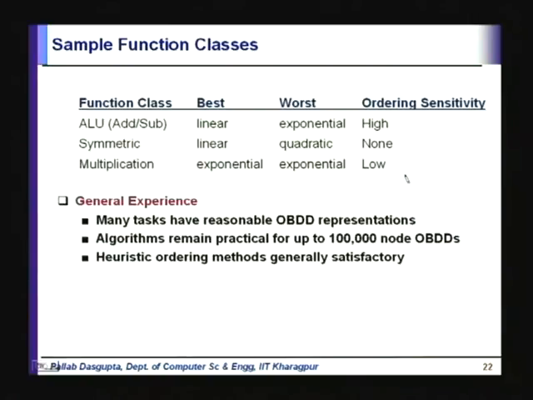So for taking care of multiplication, people have adopted other types of decision diagrams, which we shall see in due course of time. Many tasks have reasonable OBDD representations. Algorithms remain practical for up to something like 100,000 node OBDDs, and much larger these days, because these continuously keep evolving.